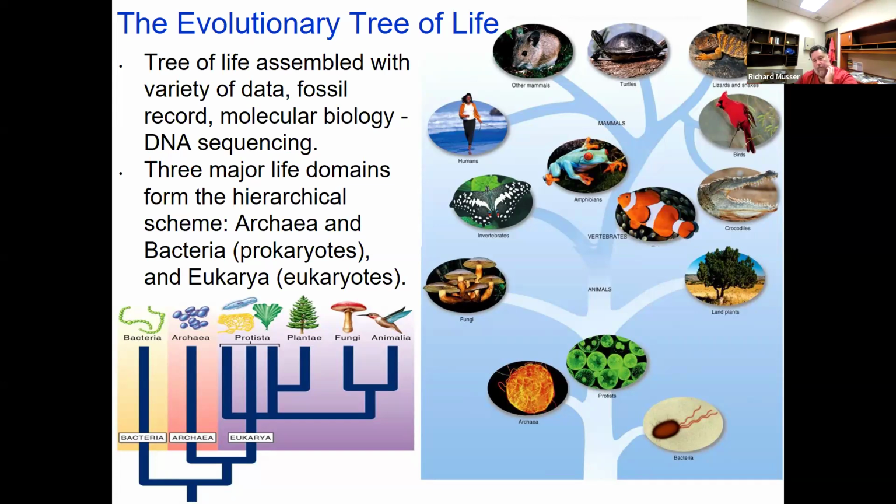The reason we have this kind of information is through things like molecular biology, looking at the different genes. You can make a molecular clock. You can see how closely things are related. If you're looking at a particular gene, you can compare that gene to another organism and get an idea of the relatedness of it.